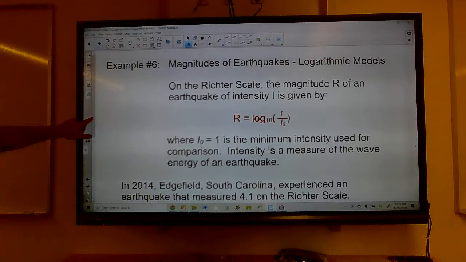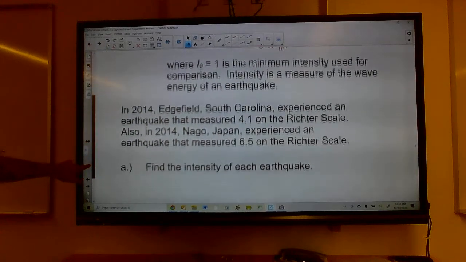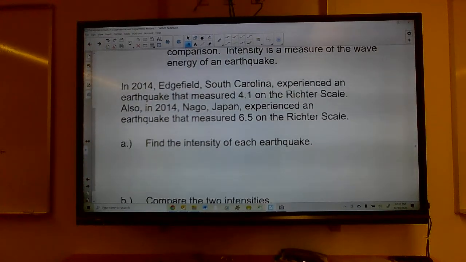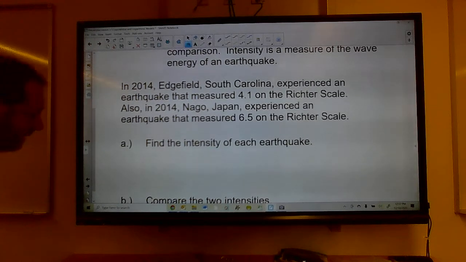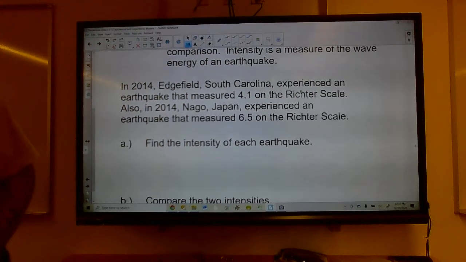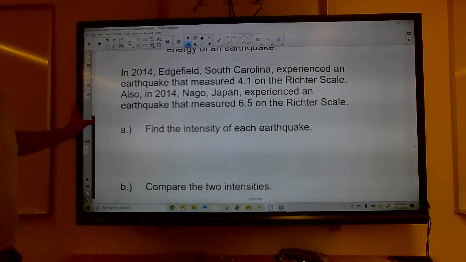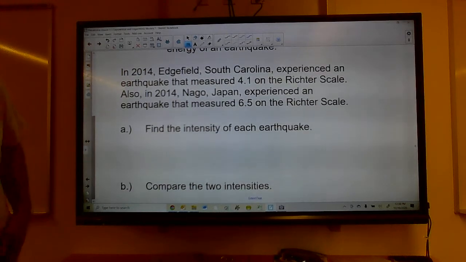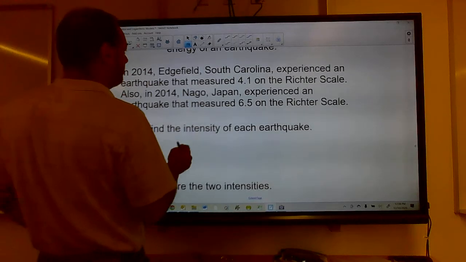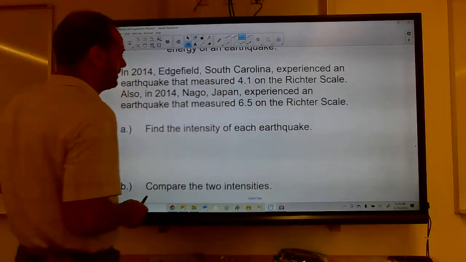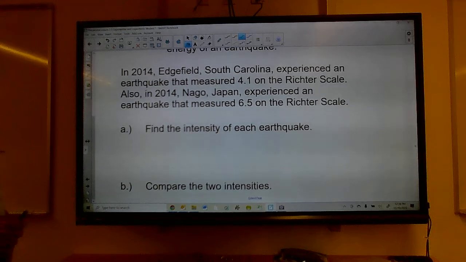So, in 2014, Edgefield, South Carolina experienced an earthquake that measured 4.1 on the Richter scale. And in 2014, Nago, Japan experienced an earthquake that measured 6.5 on the Richter scale. Find the intensity of each earthquake. We'll start with South Carolina.